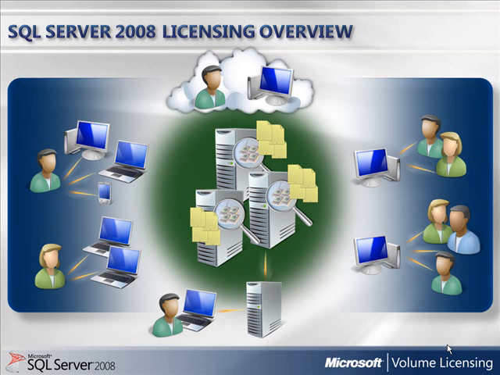Windows Server is required for SQL Server to run and must be fully licensed. You would license Windows Server in the server CAL mode in the same way we talked about for SQL Server, and then choose how to license SQL Server on top of the Windows Server, either in server CAL or per processor modes. Let's now extend this and see how you would purchase licenses for running SQL in virtual environments.